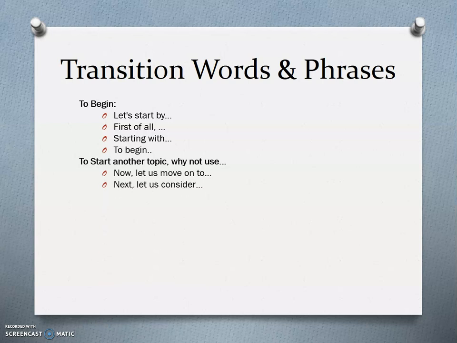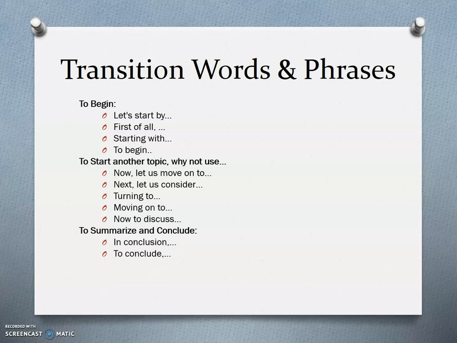Now let us move on to, next, let us consider, turning to, moving on to, things like that. And then to summarize or conclude, you have a couple options as well. In conclusion, to conclude, and so on.